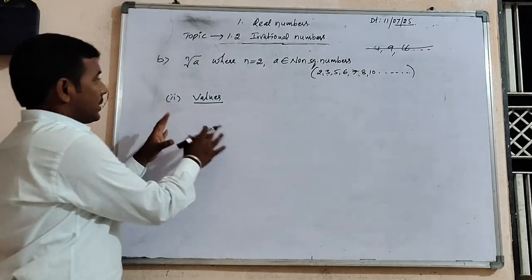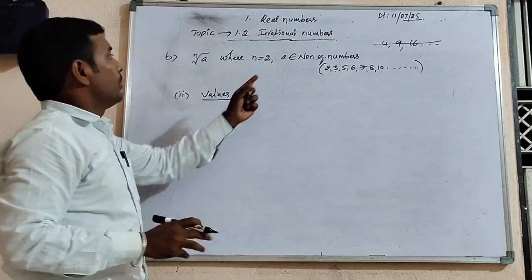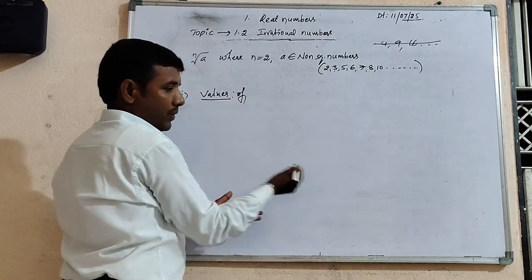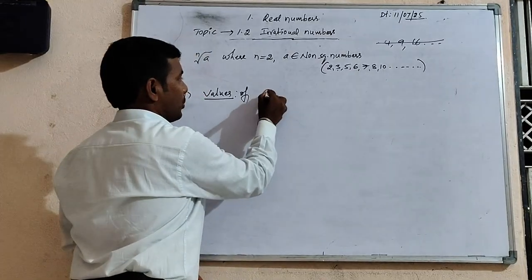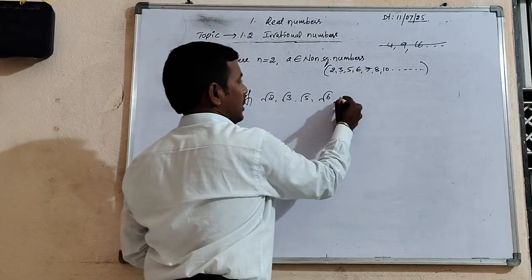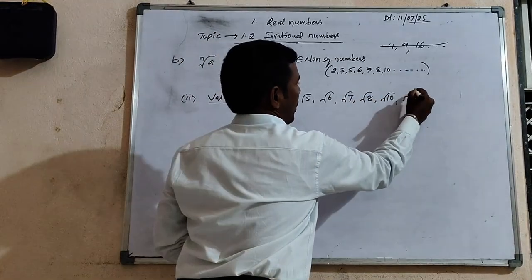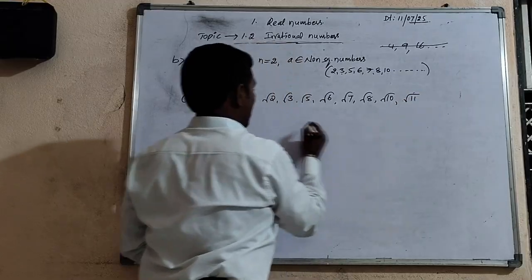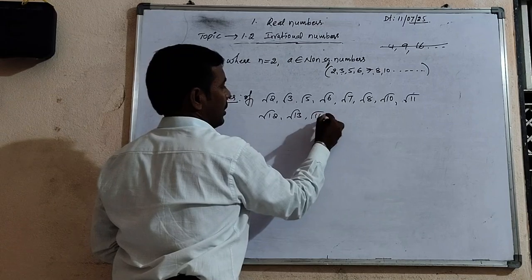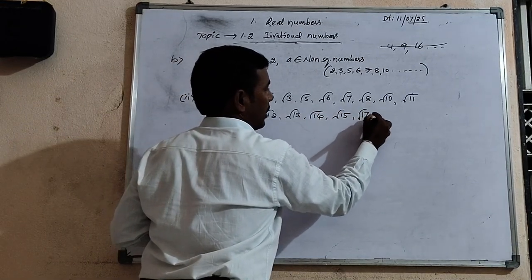Right, okay. Next, Roman number 2. Just now we discussed the values of root 2, root 3, root 5, root 6, root 7, root 8, root 10, root 11, root 12, root 13, root 14, root 15, root 16, 17, and so on.